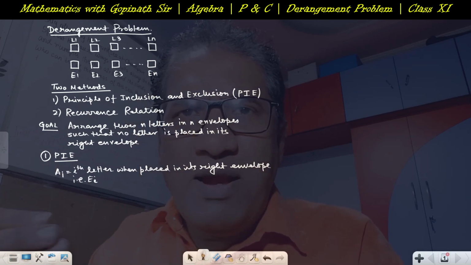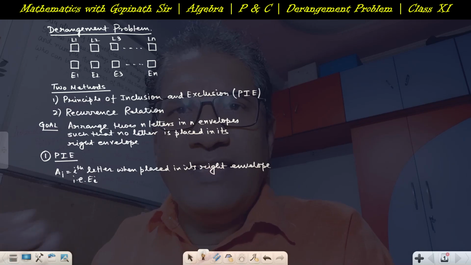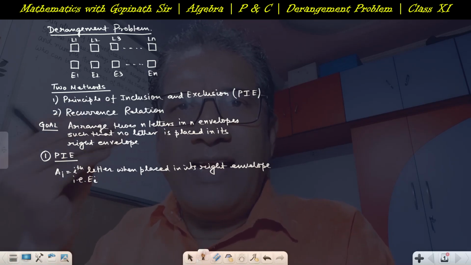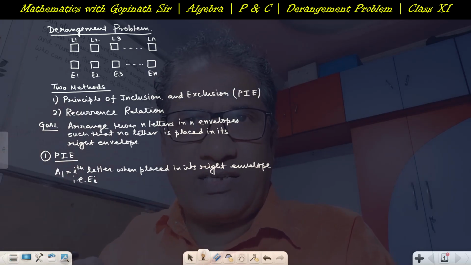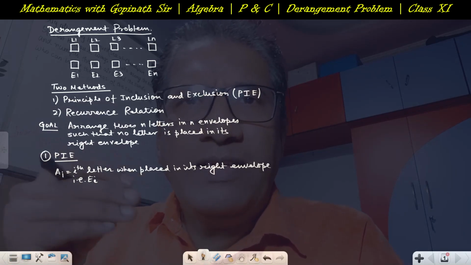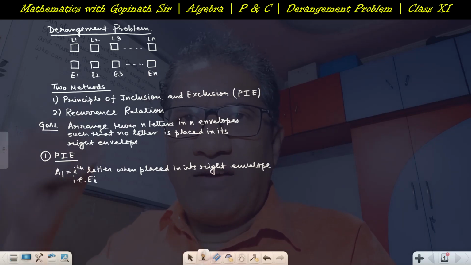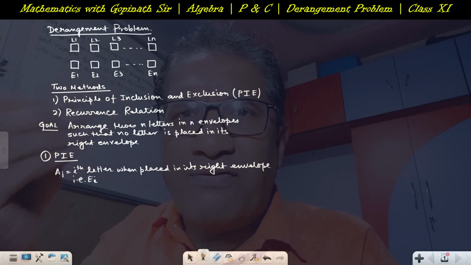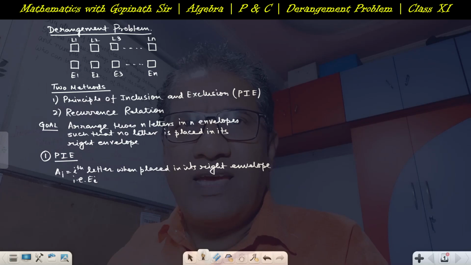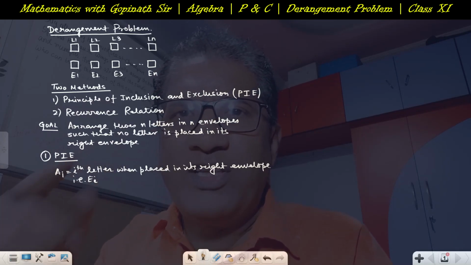So what do you mean by A1? A1 means the letter L1 is placed in the envelope E1. What is A5? The fifth letter, that is L5, is placed in its right envelope, which is E5.